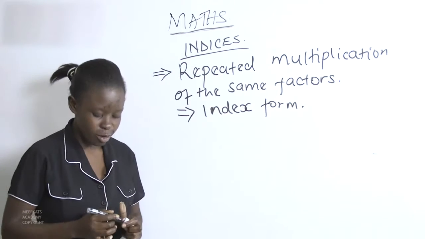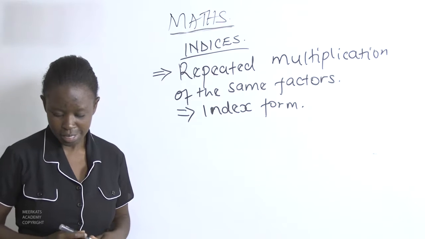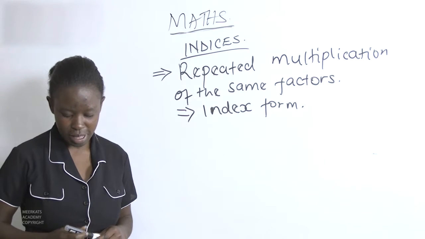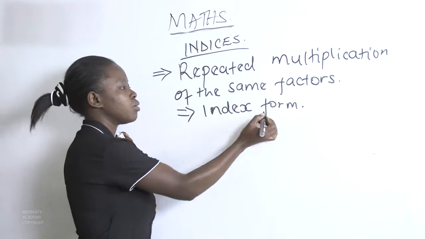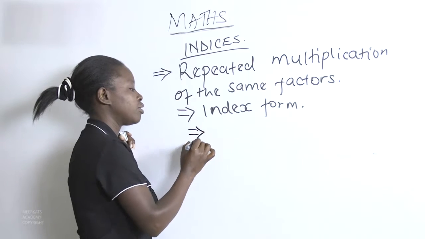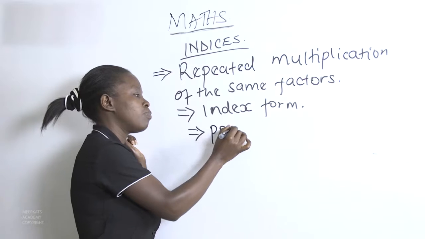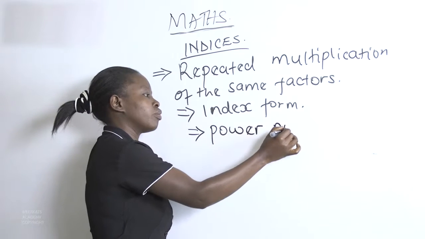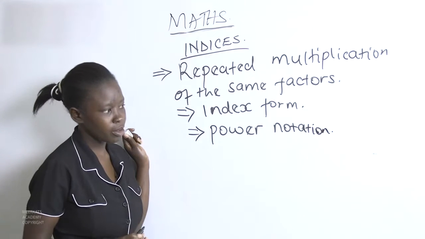So when you have repeated multiplication of the same factors, then we can express that number in index form. So what do we mean by this index form? We are writing our numbers in power notation.